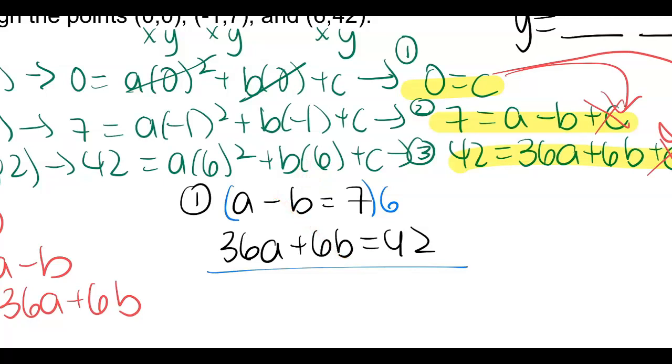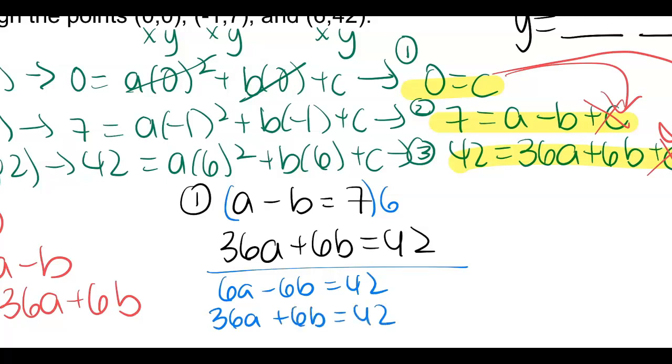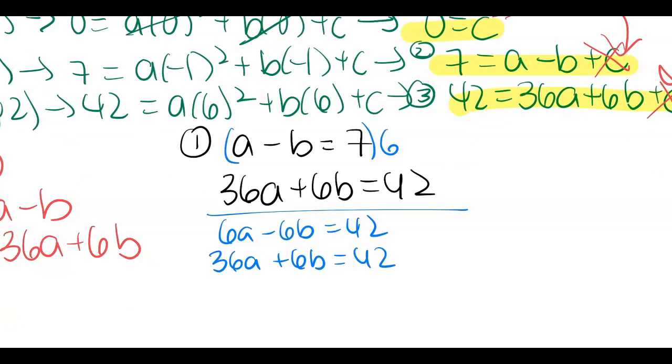So we're going to make this 6a minus 6b equal to 7 times 6, which is 42. And 36a plus 6b equals 42. The b's are going to cancel.